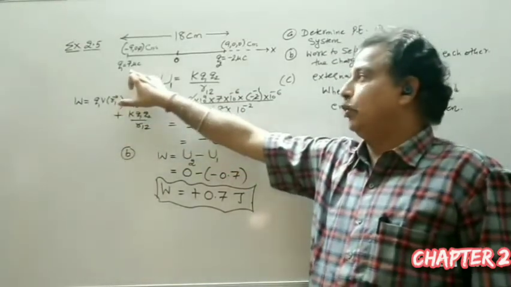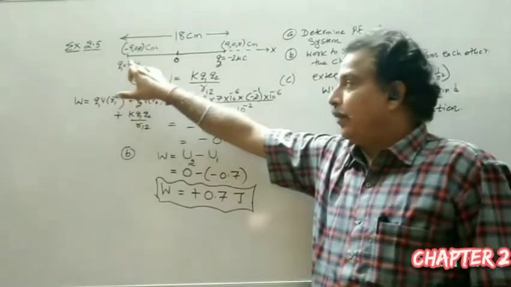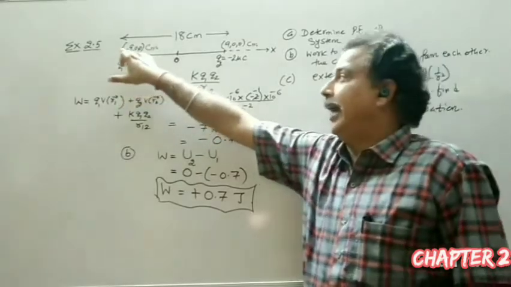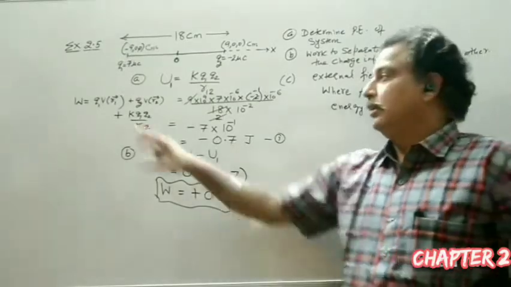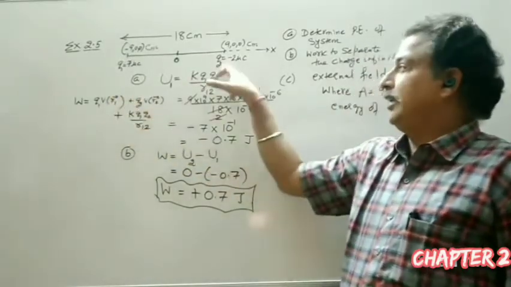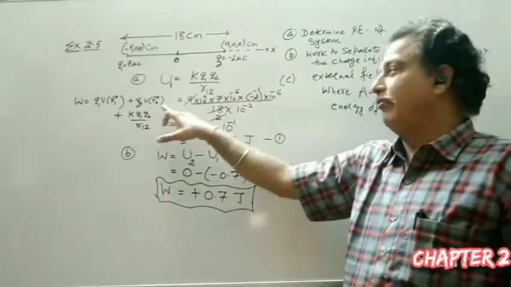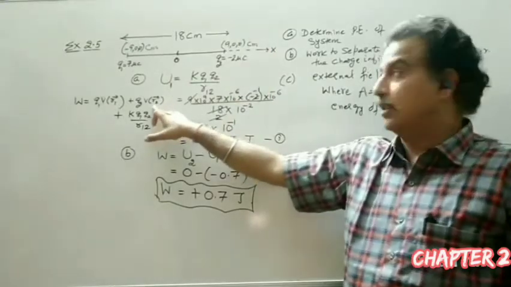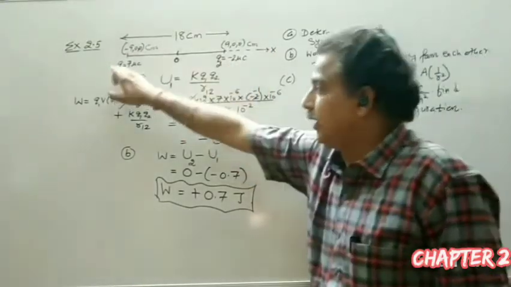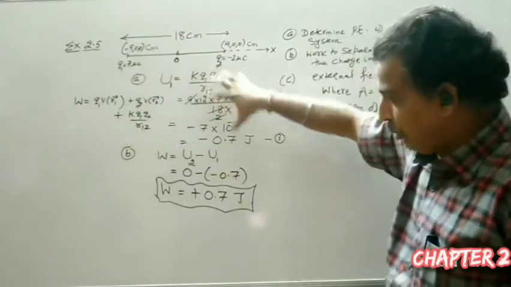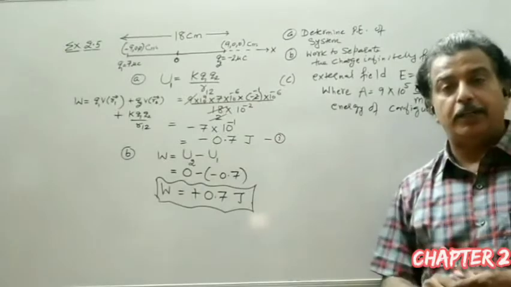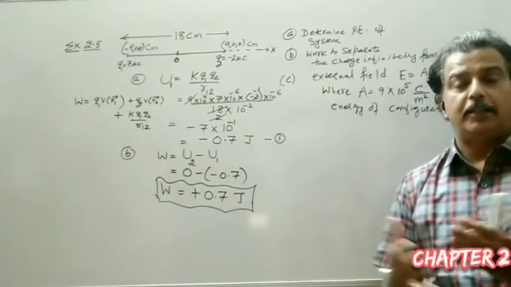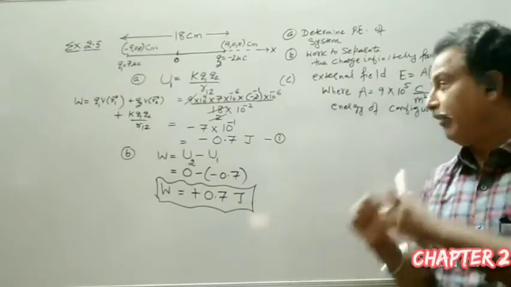So I have to find out the work done to place this charge at this coordinate against the external electric field. Then the work done to bring this charge against the external field, so I have to find out this term. Then Q2 is brought against Q1, that we already found, so this value will be substituted here. So indirectly, there are three terms which you have to find out.